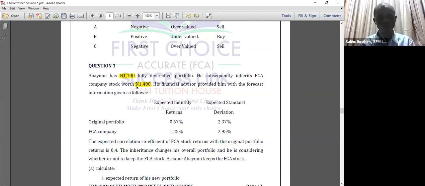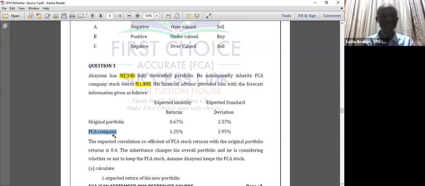So we are adding a new stock to the existing portfolio, so we are going to get a new portfolio, different from our existing portfolio.